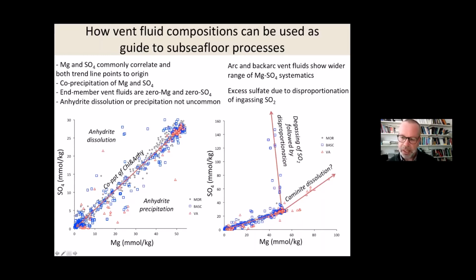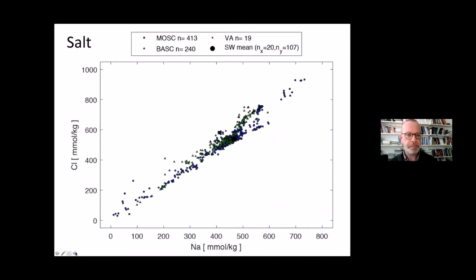And one way to explain this data is by caminite dissolution. Caminite is a hydrous magnesium sulfate that forms when you heat seawater. Okay, but this really hasn't been, I don't know, the verdict is still out if this is really the explanation for it. It's the best we could come up with at the time.